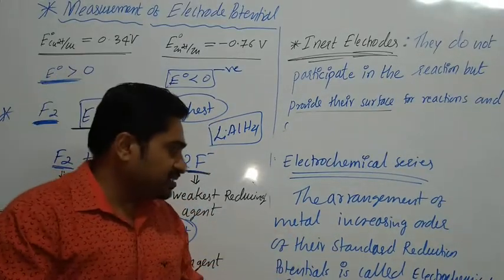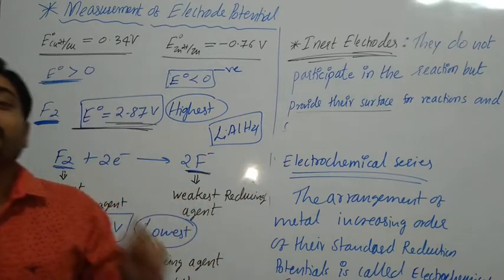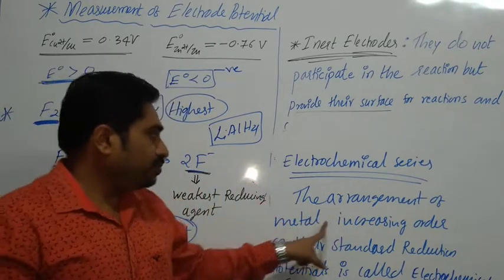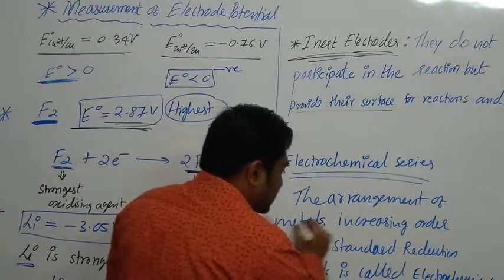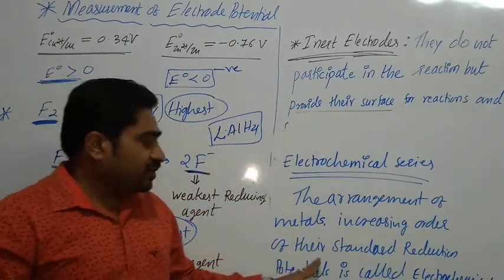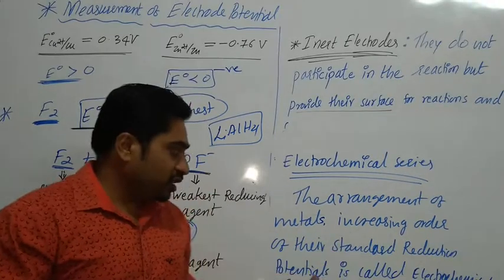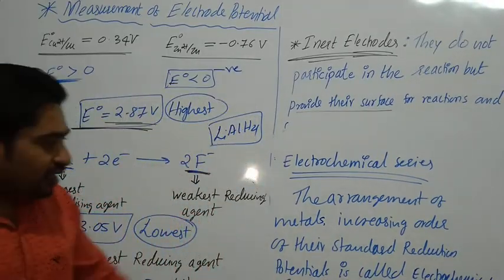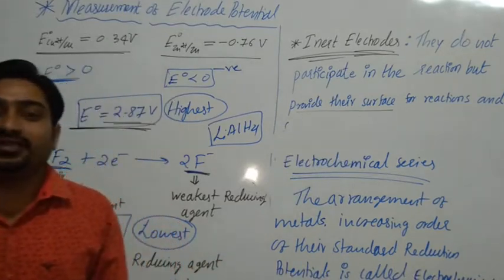This electrochemical series is also called by another name, the metal activity series. The arrangement of metals in the increasing order of their standard reduction potential or standard electrode potential is called the electrochemical series.